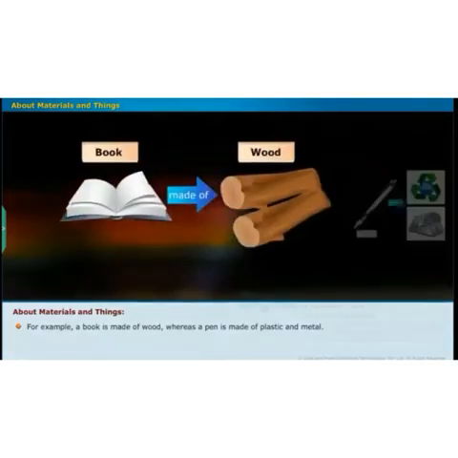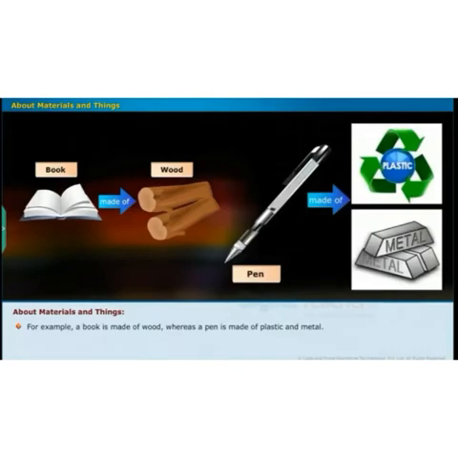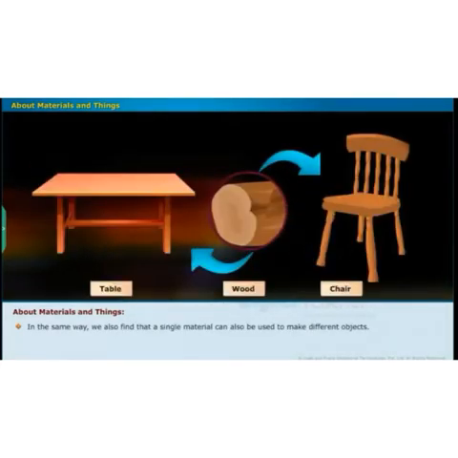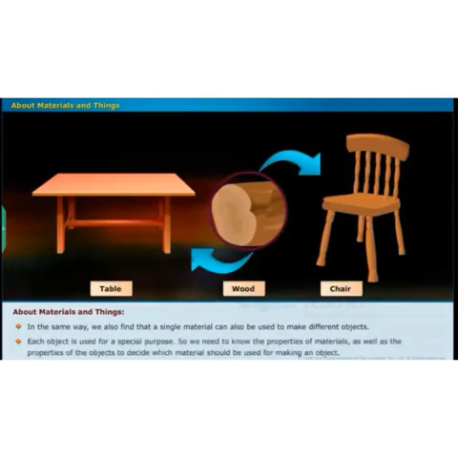For example, a book is made of wood, whereas a pen is made of plastic. And metals. We can thus conclude that all the objects around us are made of one or more types of materials.